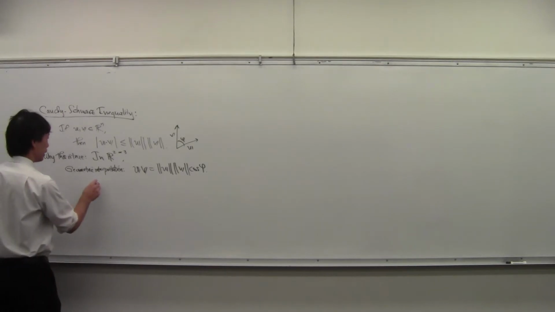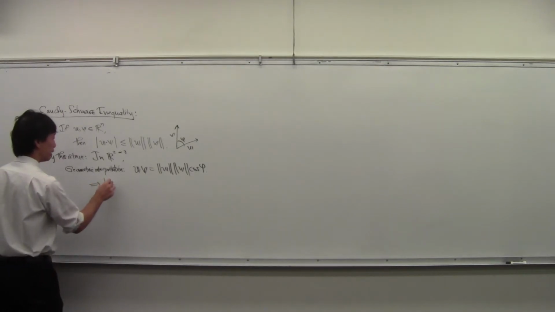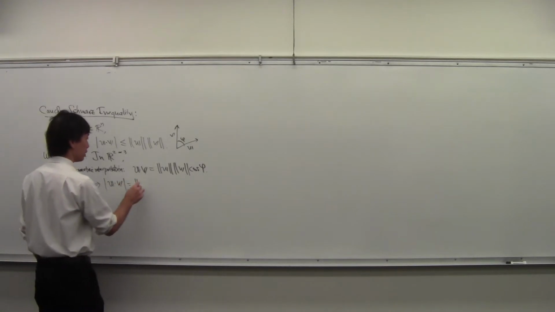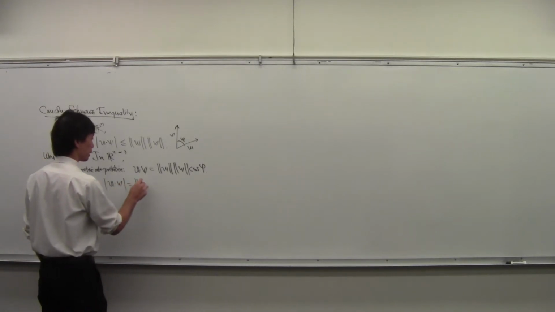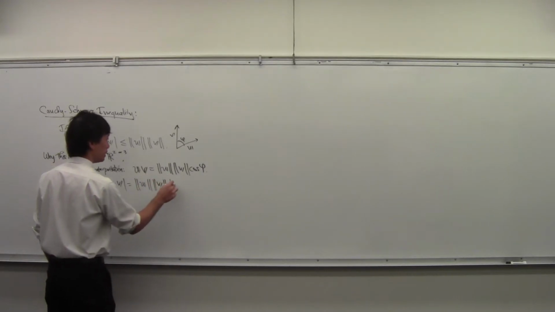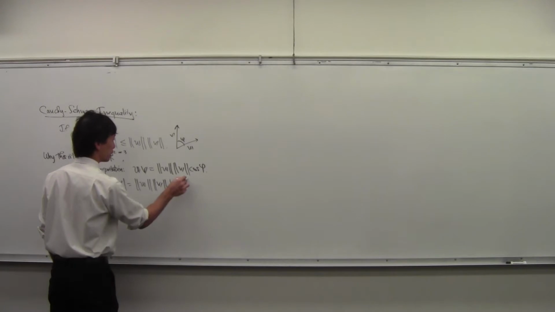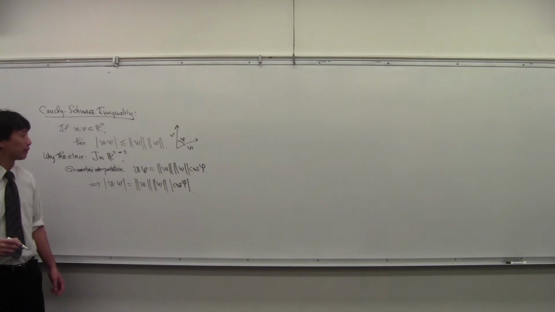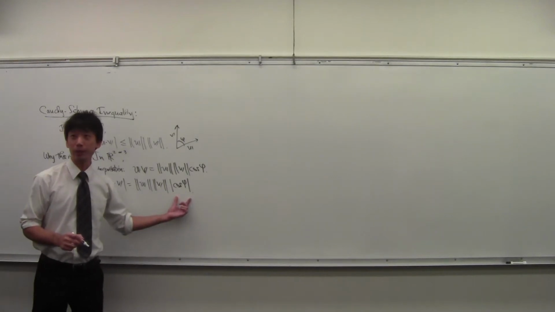And so if you take the absolute value of that, well, the absolute value of the dot product equals the product of the magnitudes times the absolute value of the cosine. Right? But what do we know about the absolute value of the cosine? How big could it be?